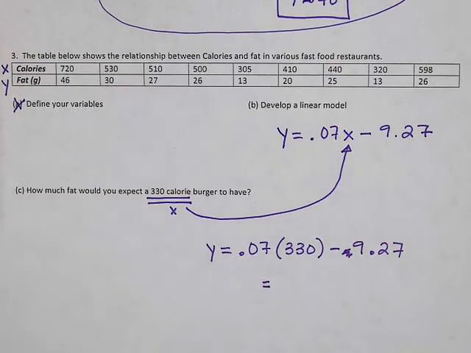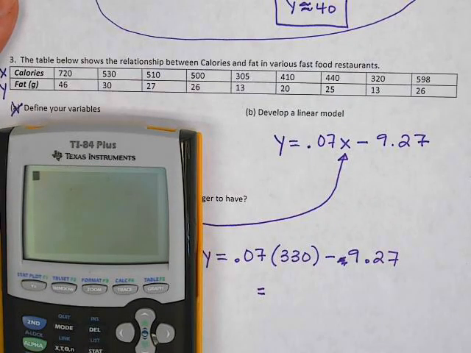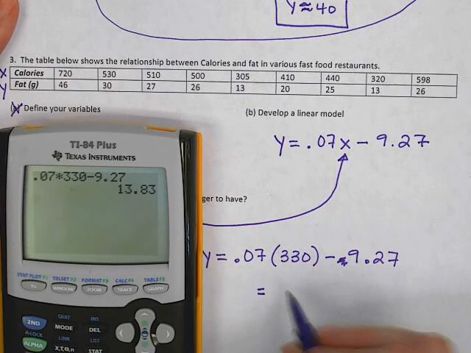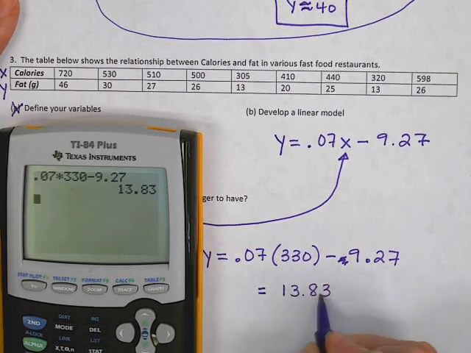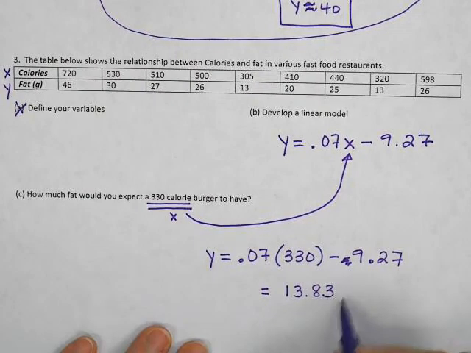And that will be our answer. You just got to plug it into the right thing. So go back to the calculate screen, 0.07 times 330 minus 9.27. And you get about 13.83 grams of fat.